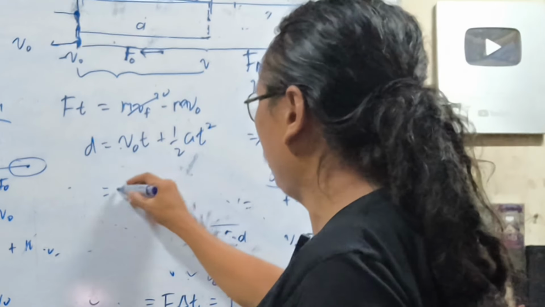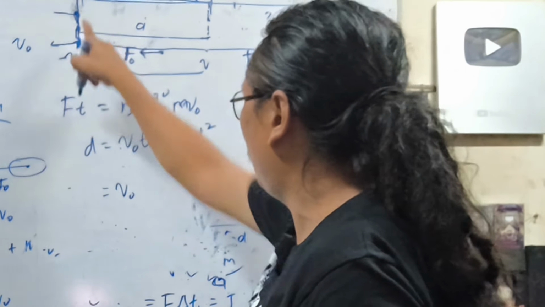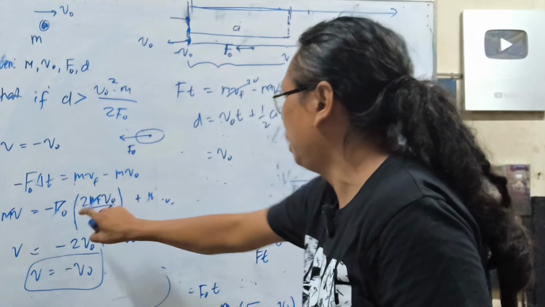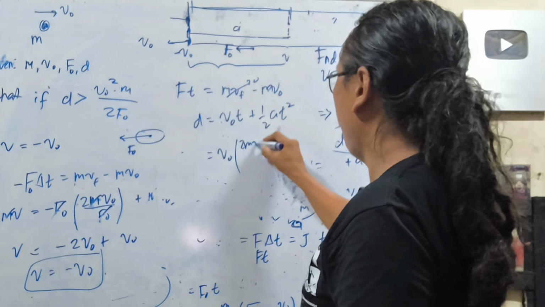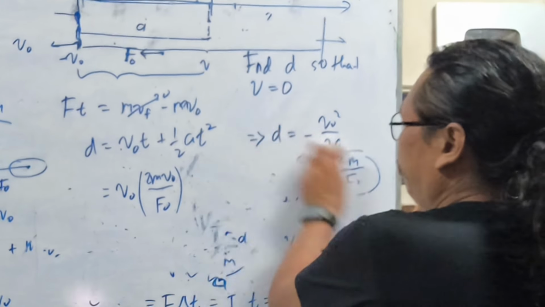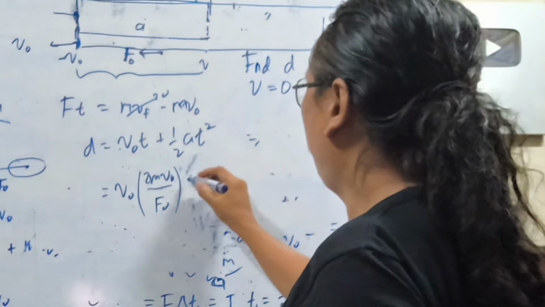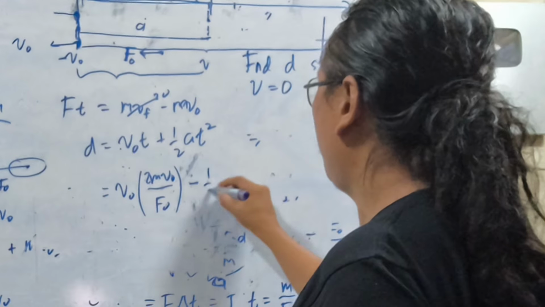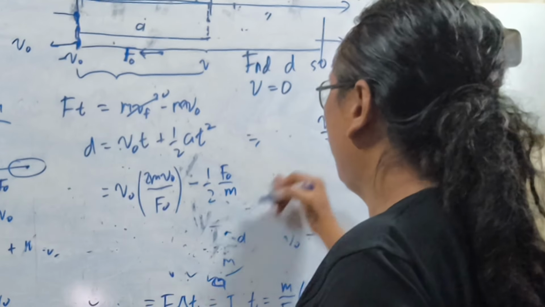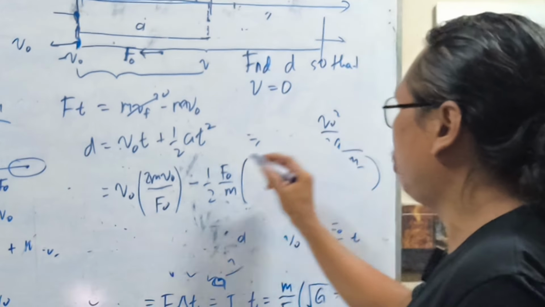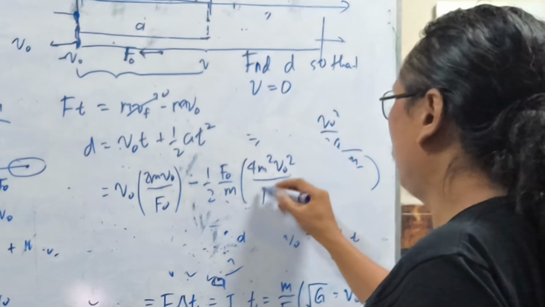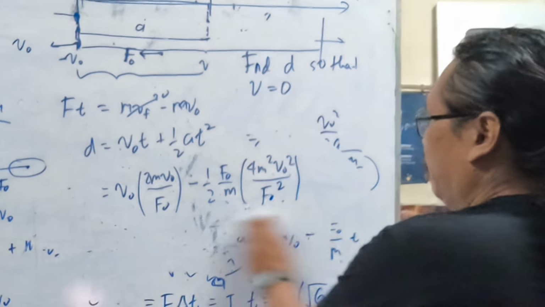This is v naught, our initial velocity, and the time is 2m v naught over F naught, and this becomes now minus 1/2, since our a is just F naught over m, and then t squared. So you square this, you get 4m squared v naught squared over F naught squared.